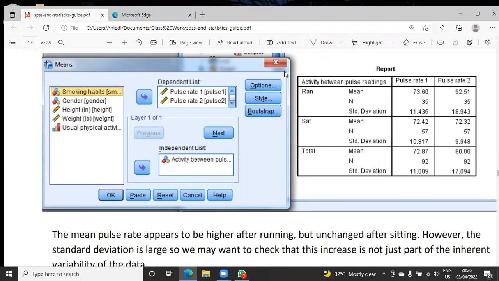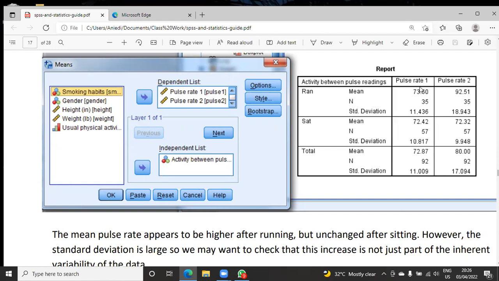I don't know if this pulse rate was before activity or after activity. What we are seeing here is pulse rate 1 and pulse rate 2.